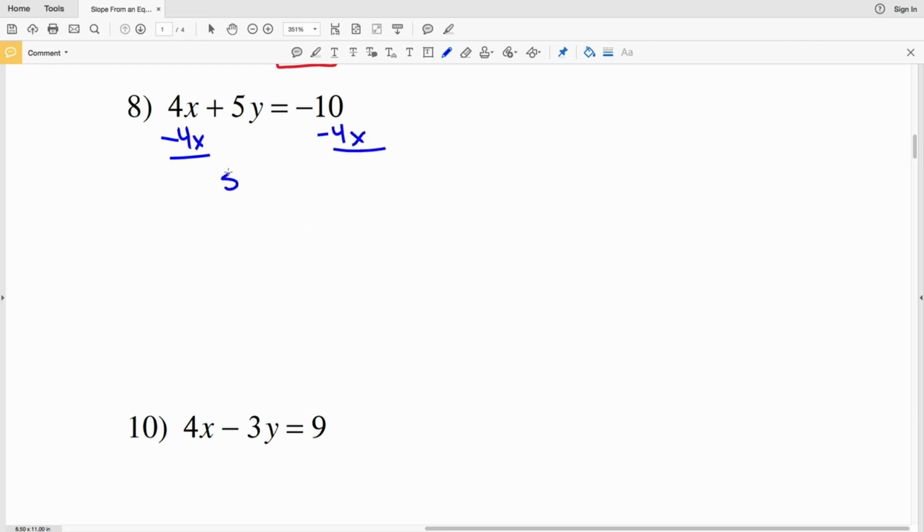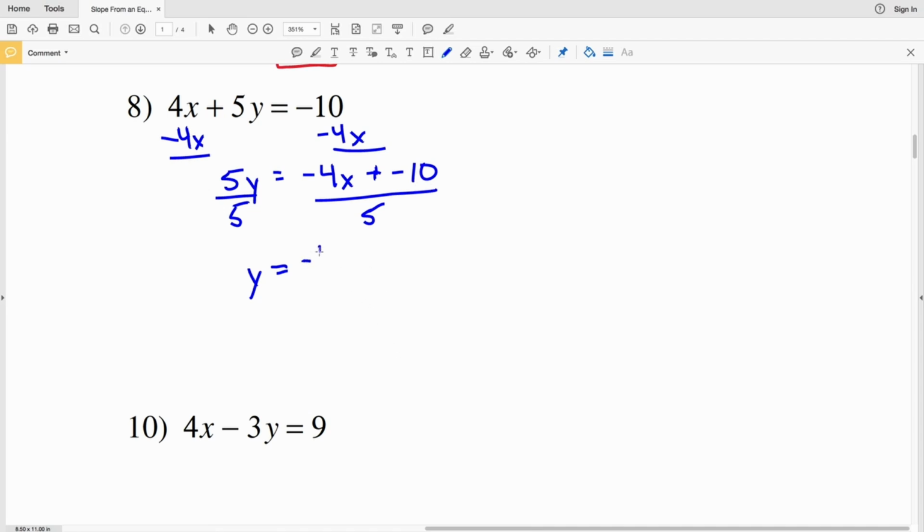Doing this, we'll get 5y equals negative 4x plus a negative 10. Now we're going to divide by 5 on both sides. So we'll get that y on the left-hand side is equal to negative 4x over 5 plus negative 10 over 5.